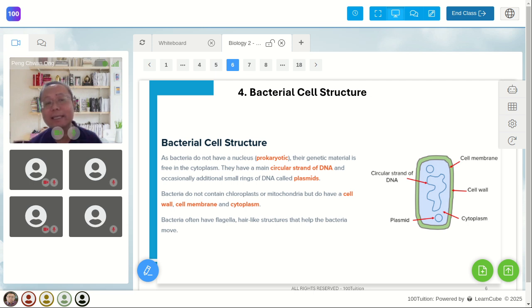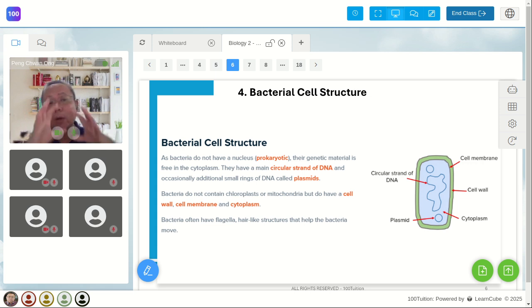So in the exam questions, when they ask you about the prokaryotes, they will give you the diagram and they will tell you what type of cell it is, and usually they only ask you to identify the mitochondria, the nucleus, the ribosomes, or the cell walls.